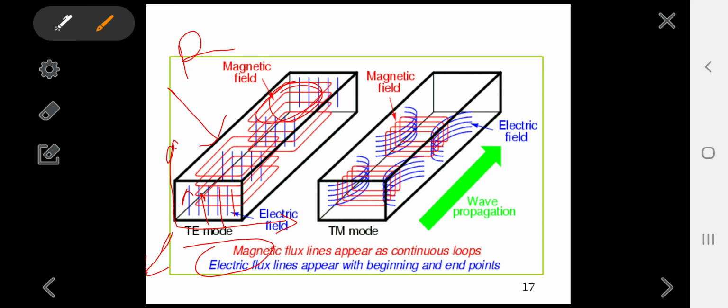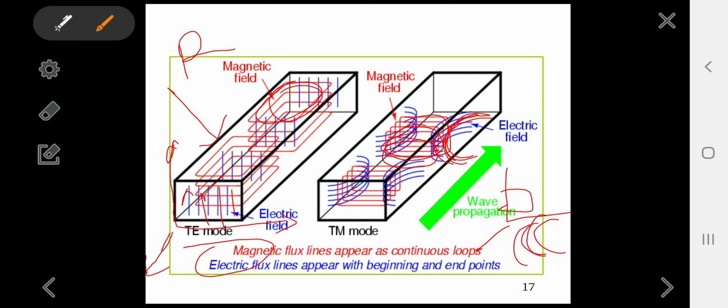So for TE mode, your electric field and magnetic field have different patterns. Same thing for TM mode, transverse magnetic field: your electric field which is represented here is across the x-axis or this plane, and your magnetic field is perpendicular to this plane, and this is the magnetic field for the TM.